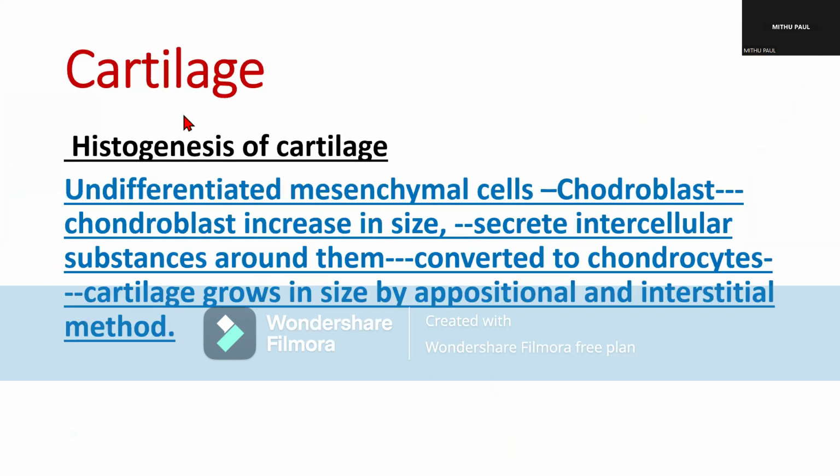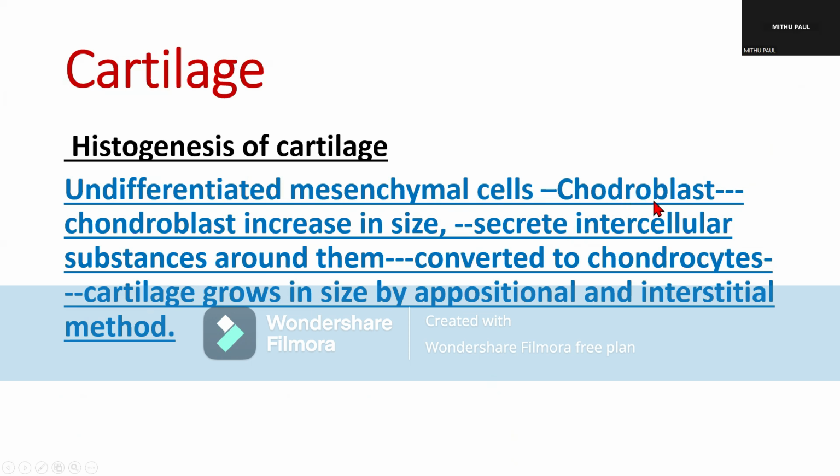Now in the histogenesis part of the cartilage, there are some undifferentiated mesenchymal cells. Undifferentiated mesenchymal cells are present in the embryos, which go on proliferating and giving rise to a huge number of different types of cell lines within your body. So some of them do differentiate to form the chondroblast.